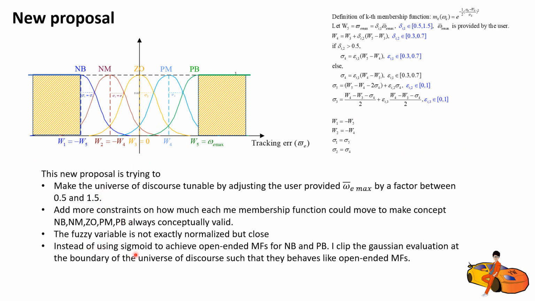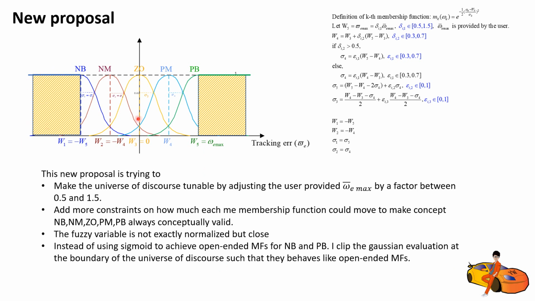And instead of using the sigmoid to achieve an open-ended membership function for PB and NB, I clipped the Gaussian evaluation at the boundary of the universe of discourse. So I know where this W5 is, and when it's outside, I just keep using the last value here.